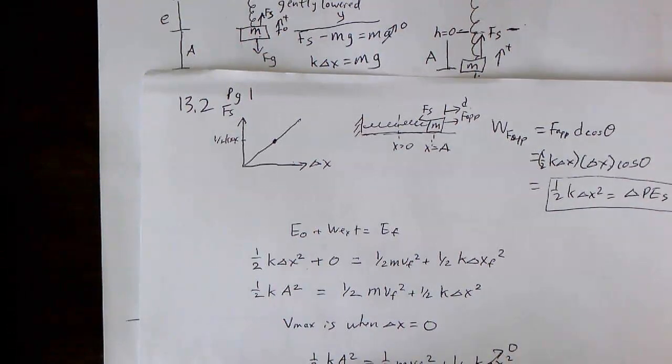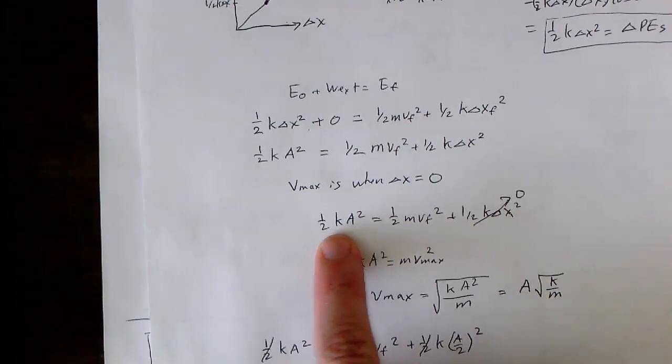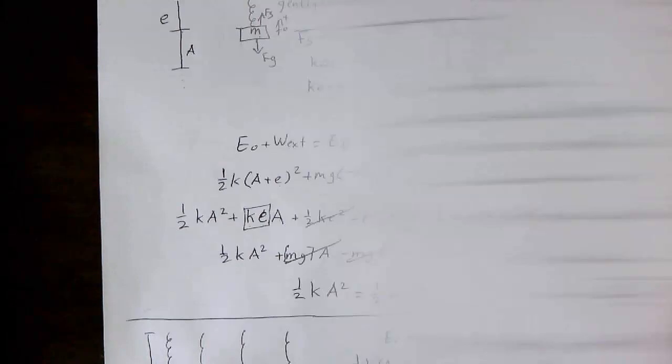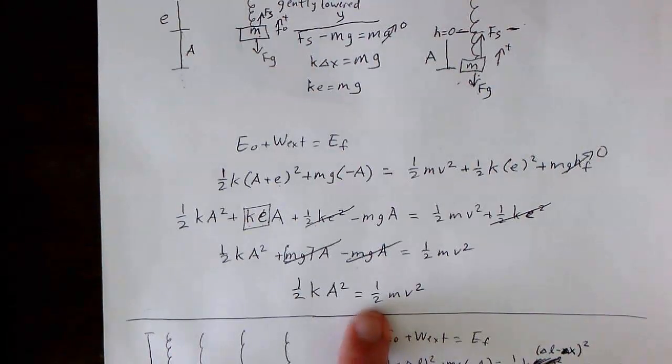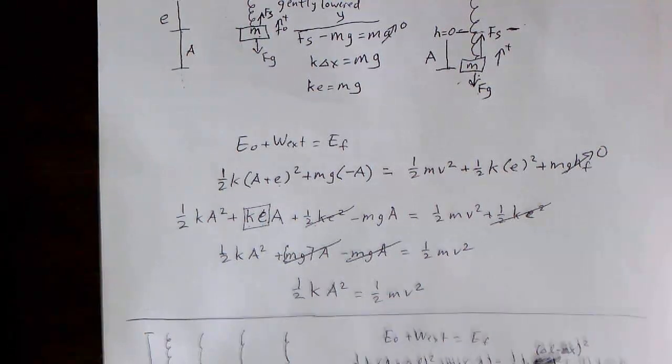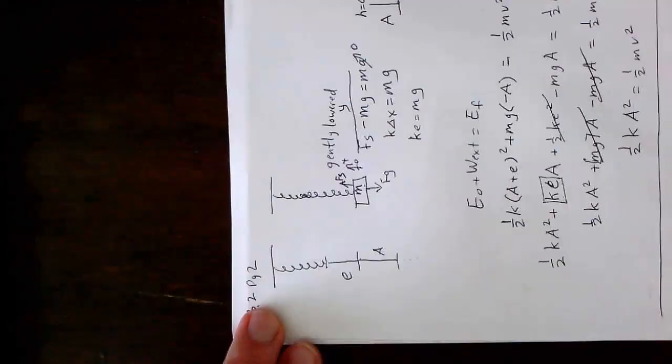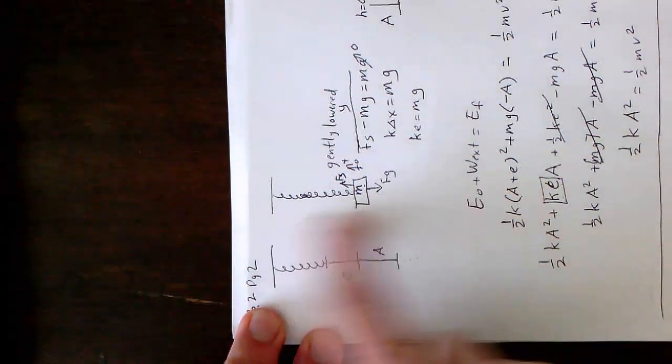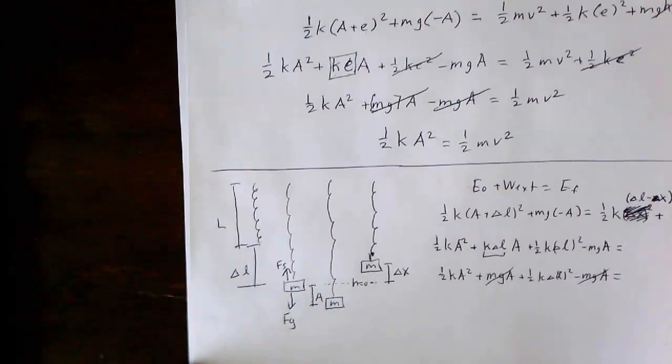We had 1/2 Ka squared equals 1/2 mv squared, and I was trying to say to you, well, we get the same thing here. So it actually oscillates just like a mass on a horizontal surface going back and forth like this. I'm going to prove it to you a little bit more thoroughly here.